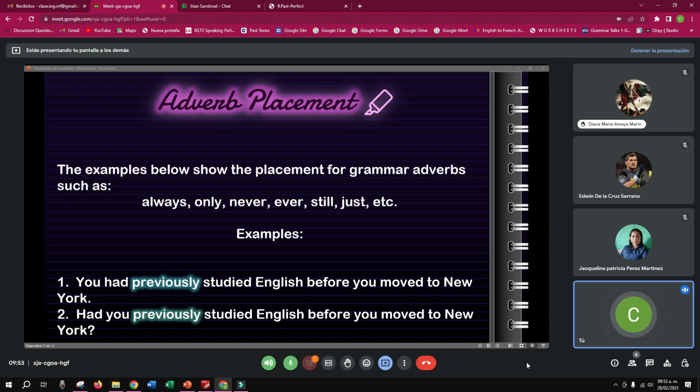Okay, you cannot use them in a continuous form. So you cannot say "I am hating someone," in that case you cannot see the action that they are doing at that moment, right?